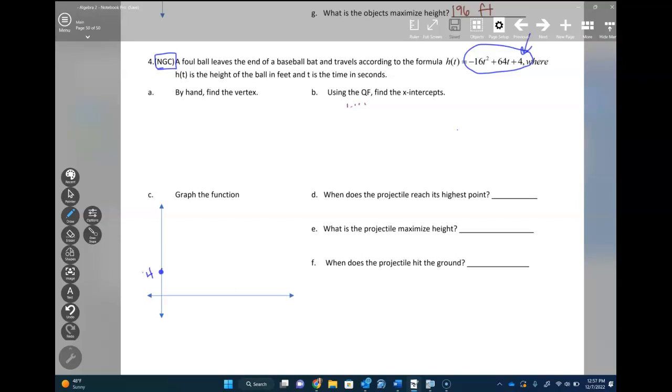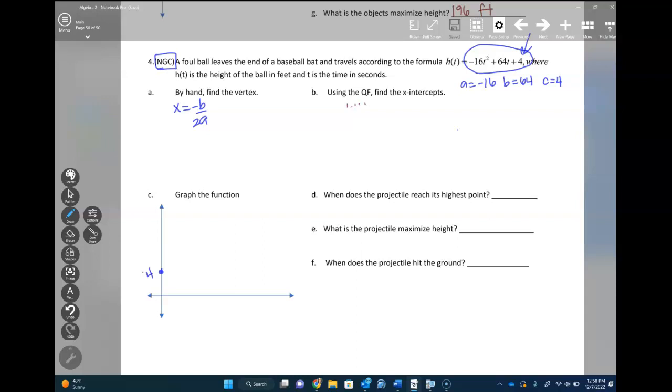By hand, can anybody remind me what's the x formula for a vertex? Awesome. Let's look at our formula. Which one of these is A? Negative 16, good. What's B? And then what's C? 4. Negative B means opposite.